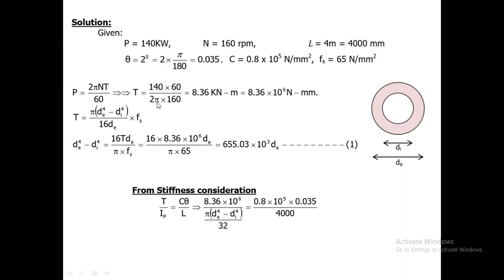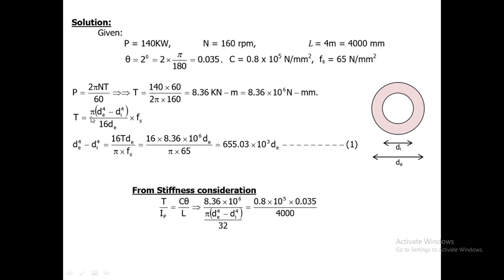Once you find the torque, you can go to the shear strength part of the equation: T by J is equal to tau by R. J, the polar moment of inertia for a hollow shaft, is pi by 32 times d to the power 4 minus di to the power 4.